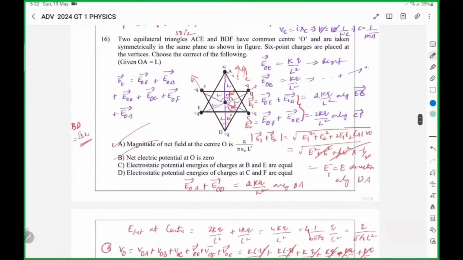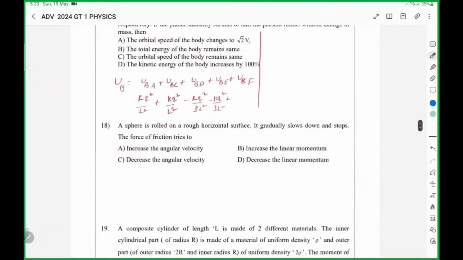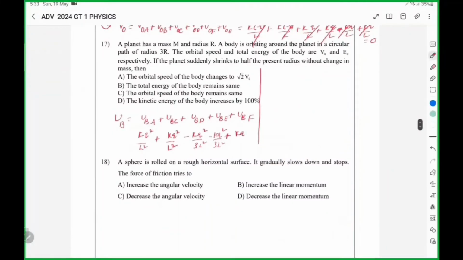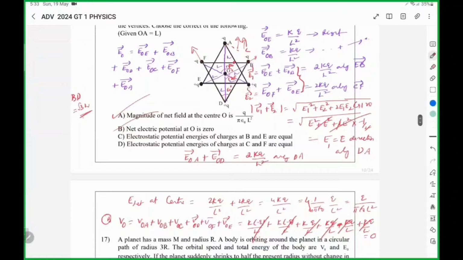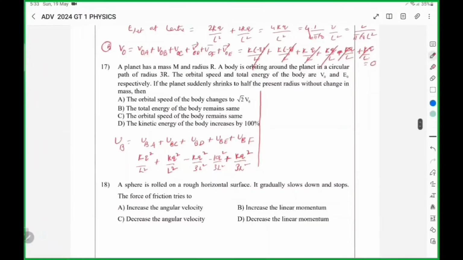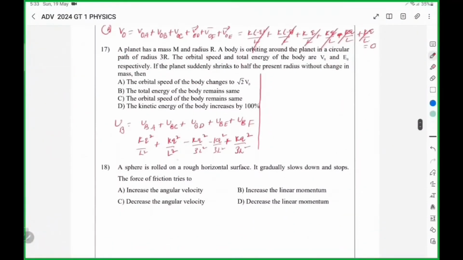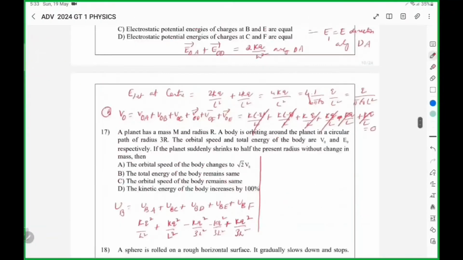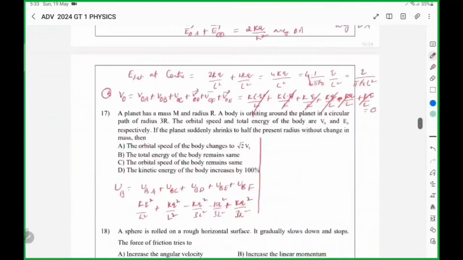Potential at B due to F, that is also here plus minus q. So you'll have kq square by 3l square. So at here 3l, here root 3l, here also root 3l. So this will be minus 1 is plus, minus, plus, again minus, so gets cancelled out.